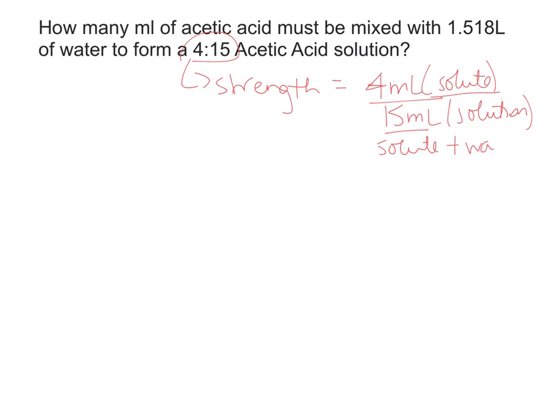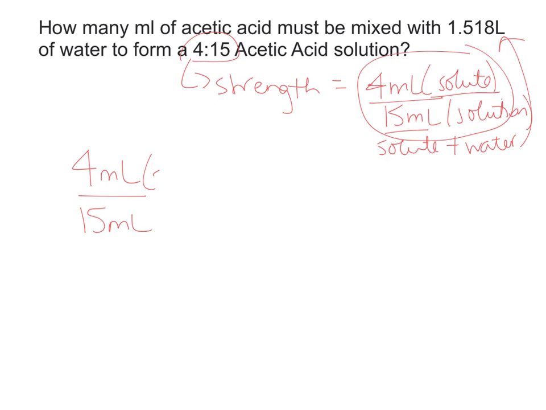And we are told exactly how much water that is, and we're going to use that as part of the problem. So for right now we're going to keep that as our strength. And I'm just going to write that down here because it will help us with our next line.